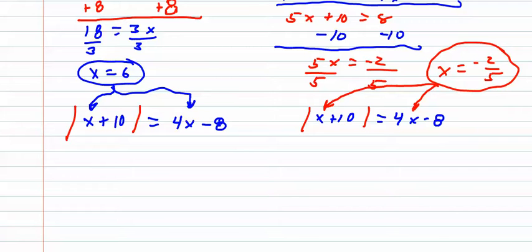Now, I have 4 times x, which is 6, minus 8, and on the right hand side I have the absolute value of 6 plus 10.